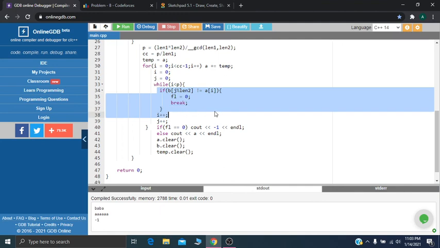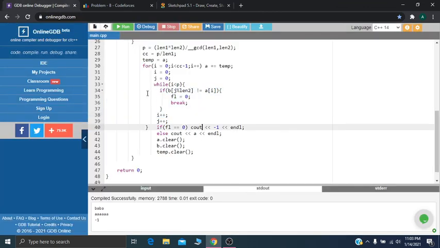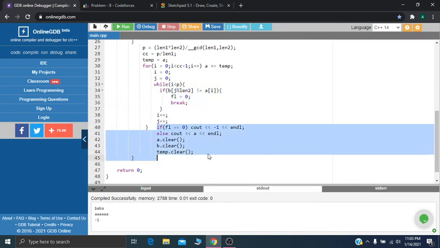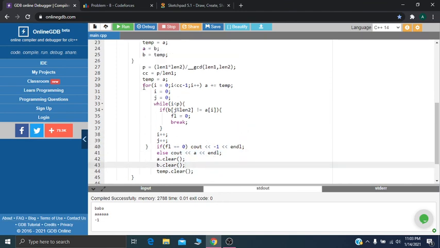And then I'm checking whether the other string is equal or not by checking each and every substring portion like this. So if it doesn't match at some point, then I'm going to break from that loop, and the answer will be -1. Otherwise the answer will definitely be A, because I just made the final LCM string here.